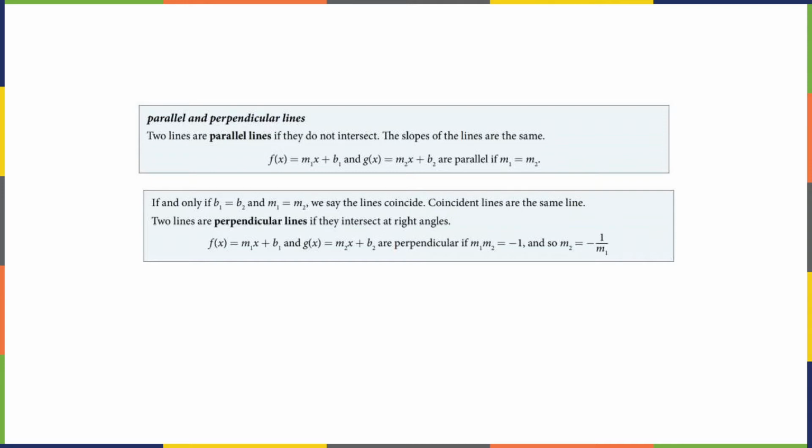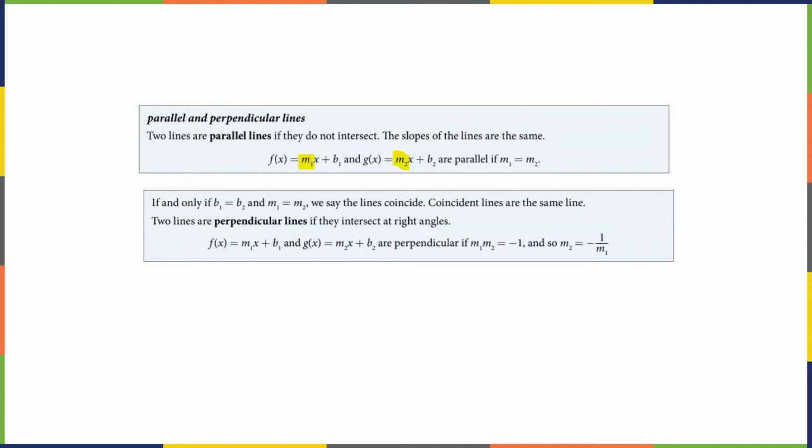Now, lines can be parallel, they can be perpendicular, or they could be neither. So let's talk about how we know if two lines are parallel. First of all, parallel lines are ones that never intersect, no matter how far you extend them. And when that happens, it'll be because their slopes are the same. So M1 would have to equal M2.